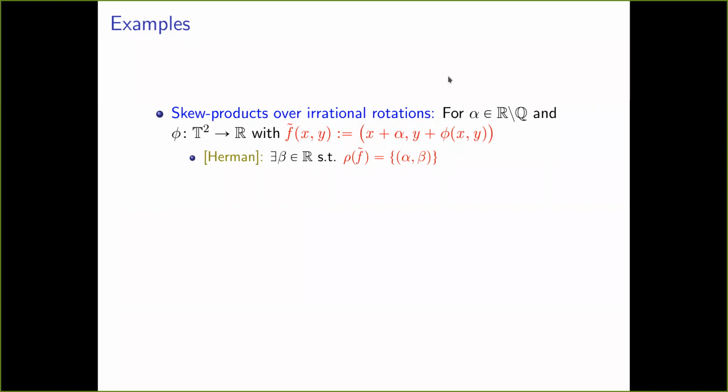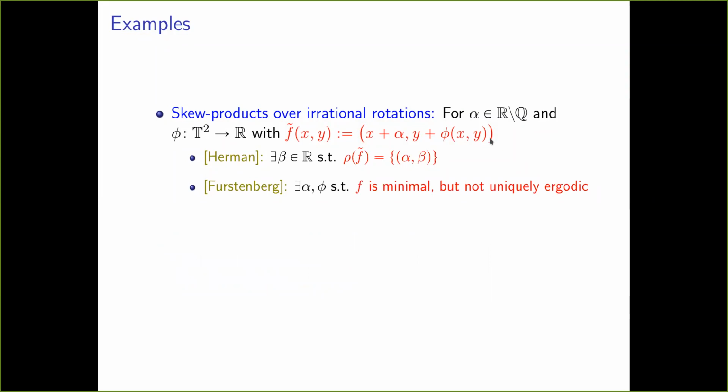For this kind of examples, there is a celebrated example of Furstenberg showing that there exist minimal but not uniquely ergodic, in fact, infinitely differentiable diffeomorphisms of this form. In the case of Furstenberg, the function phi depends just on x and not on y.